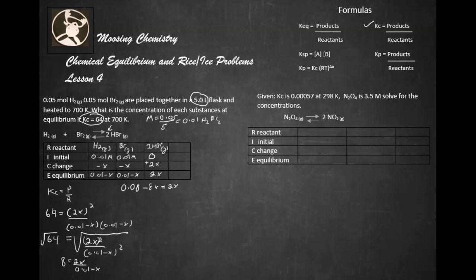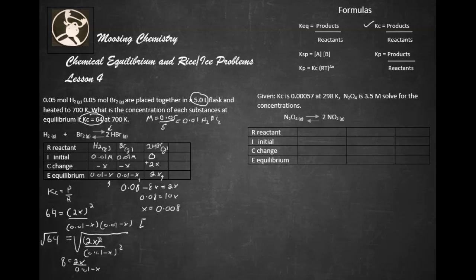So this is going to give me 0.08 equals 10x. Therefore, x is going to equal 0.008. I'm going to plug that in for each one of these x's and get my values.